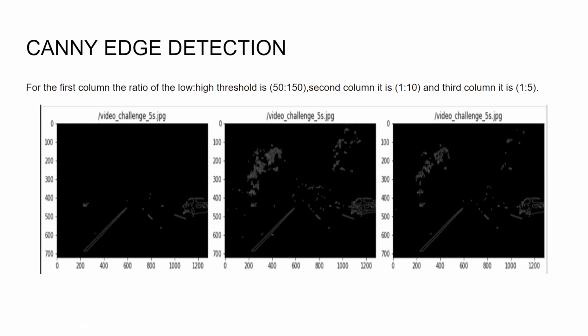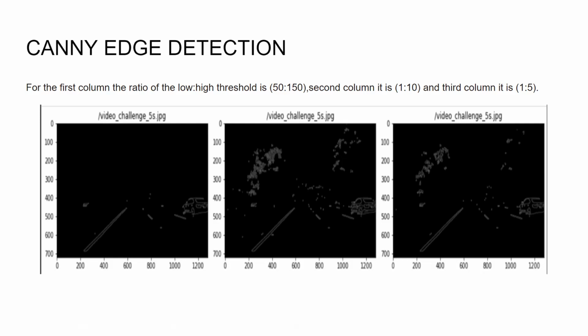While applying the Canny edge detection method, threshold parameters have to be passed to the function. Here we have passed 50:150, 1:10 and 1:5 as the threshold values. These threshold values are important to segregate the pixels into strong pixels, weak pixels, and medium pixels.